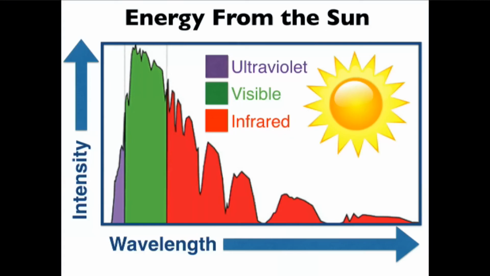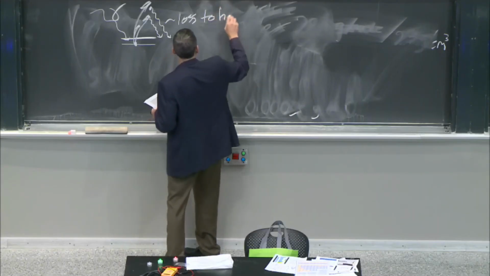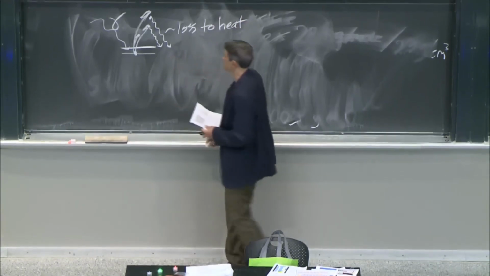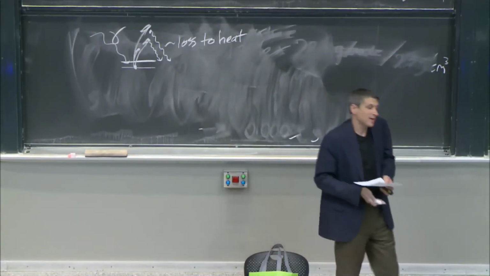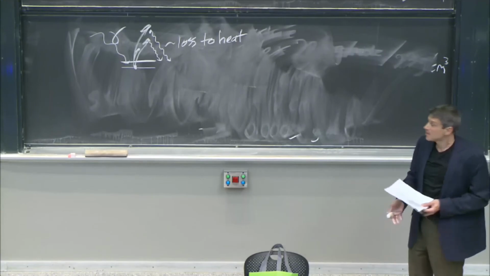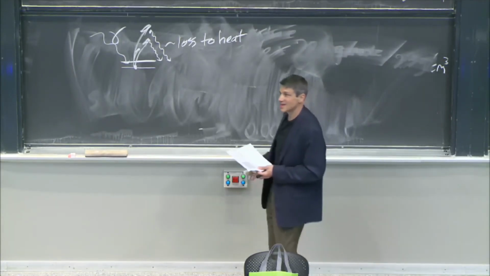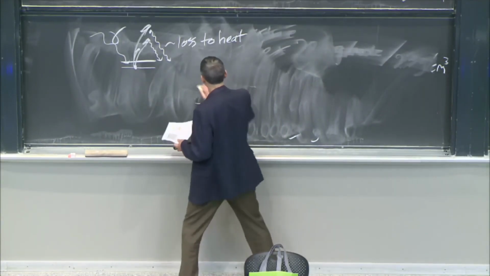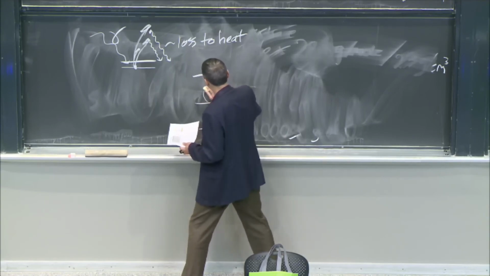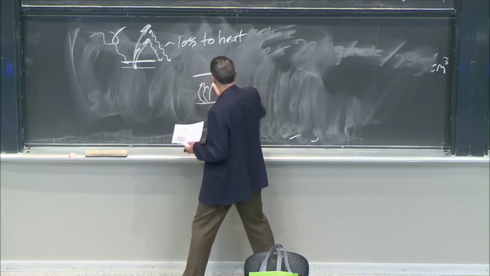But the problem with that is that then all of these will thermalize, like I said in the beginning. Loss to heat. So if my band gap is really small, I absorb a lot of the light, but I lose most of it as heat. But if my band gap is really big, then there's so much of this light that I cannot absorb.